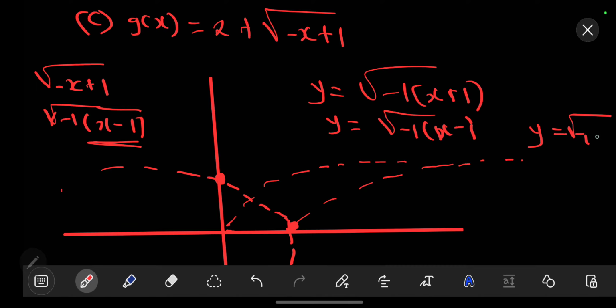So we have -1 times -1, which gives y is equal to 1. So this point is at 1. Having established that, we now apply a shift of 2 units. So 1 plus 2 will land at 3, and 0 plus 2 will land at 2.